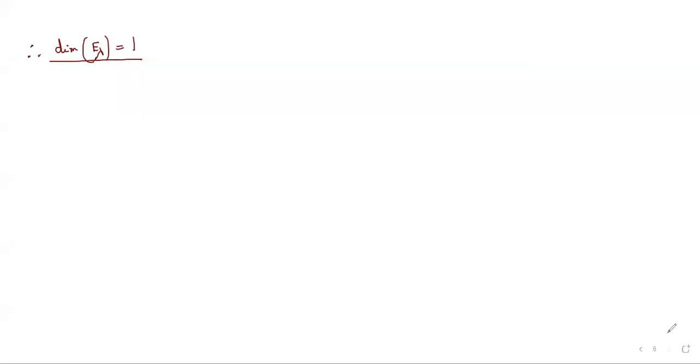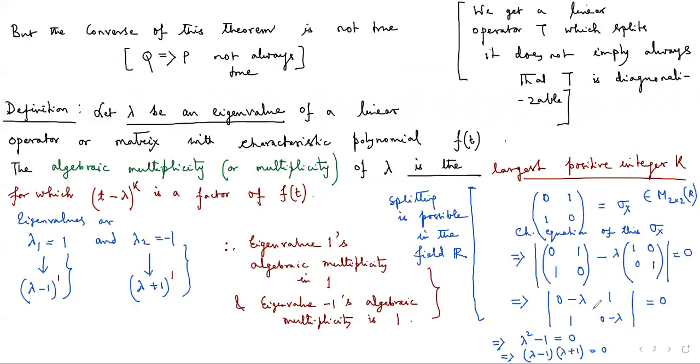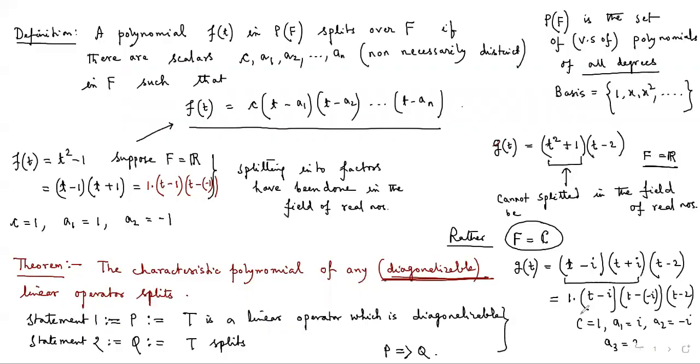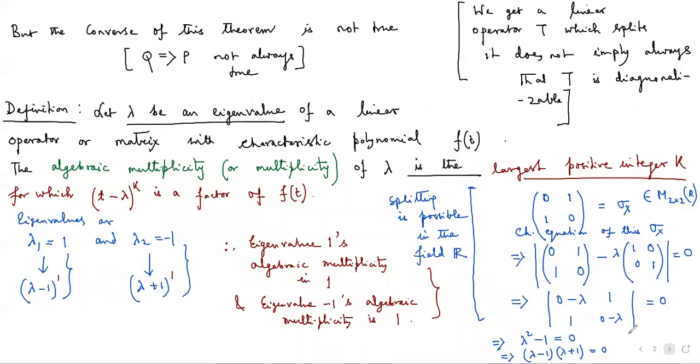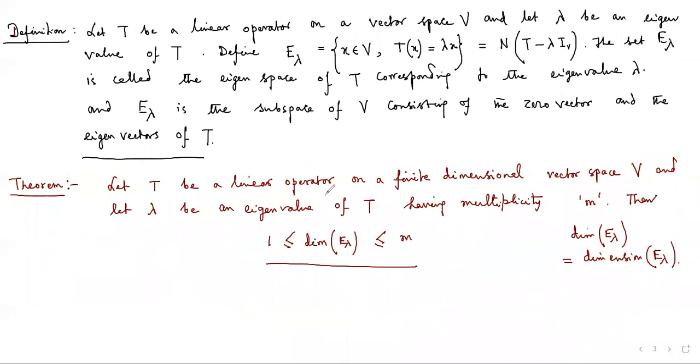Now you see, I wrote this in the theorem. Where is that theorem? That if T be a linear operator on a finite dimensional vector space V, and lambda be an eigenvalue of T having multiplicity m, then the dimension of E lambda will lie between 1 and m. Here, lambda equal to 0 is the eigenvalue. Its multiplicity is 3.